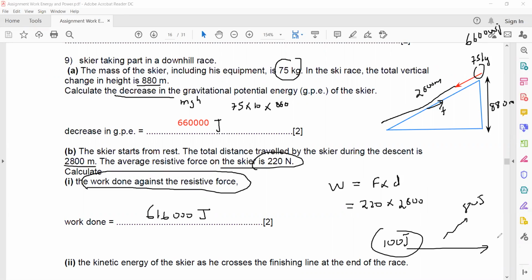How much energy is left in your body when you reach the finish line? If originally you had 100 joules and did 80 joules of work, the useful energy will only be 20 joules. The same thing happens here. We need the kinetic energy as the skier crosses the finish line.